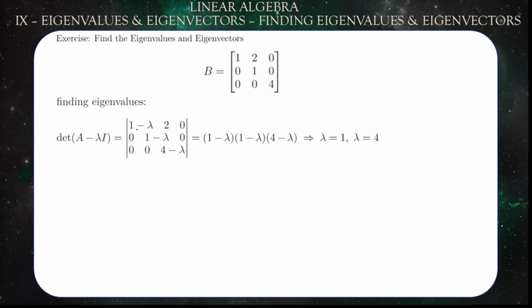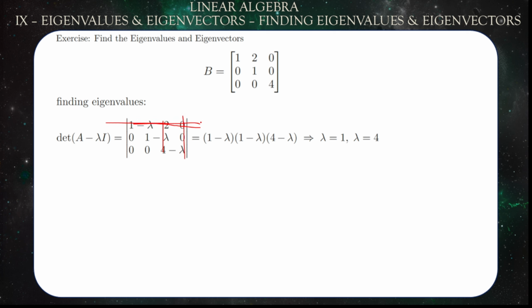It is 1 minus lambda multiplied by 1 minus lambda times 4 minus lambda, and this other term is 0, it doesn't matter. Then you have 2, minus 2 here, multiplied by 0 minus 0, so it cancels out.